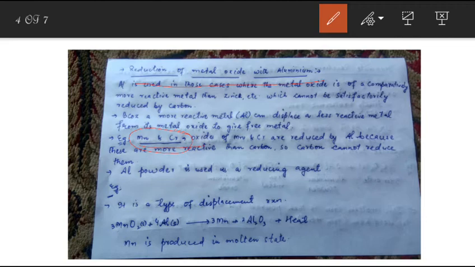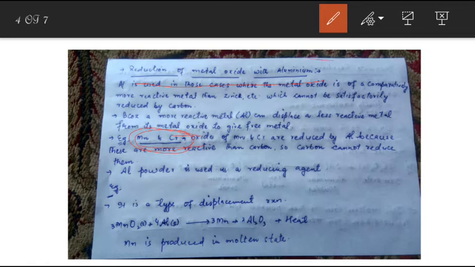So aluminum is used in those cases where the metal oxide is of a comparatively more reactive metal than zinc. Zinc is less reactive than manganese and chromium. If the oxides of the more reactive metals are present, in that case carbon will not reduce it.